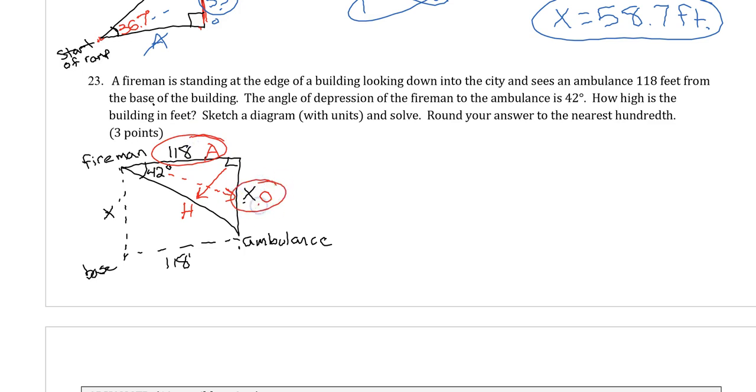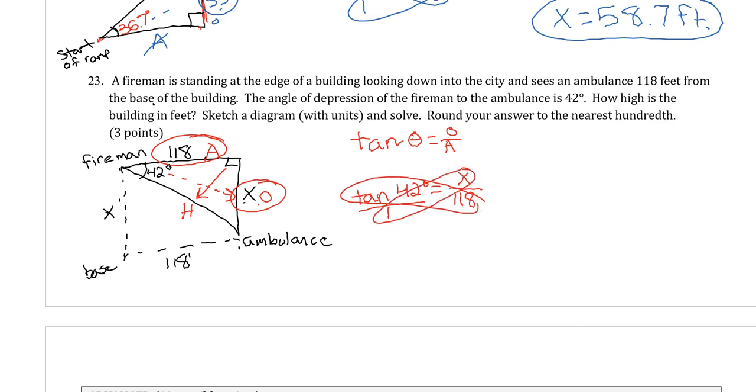What uses opposite and adjacent is tangent. Tangent equals opposite over adjacent. So tangent of 42 degrees equals x over 118. Put it over 1.